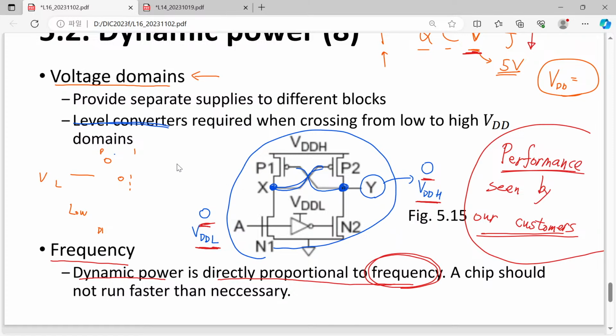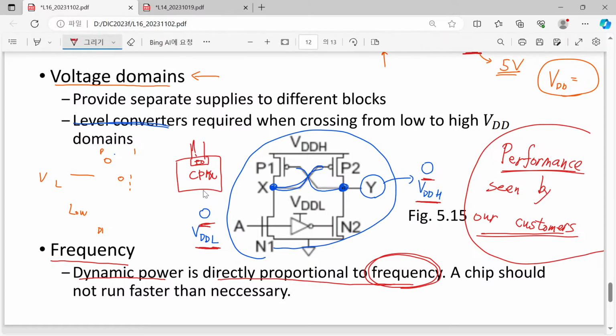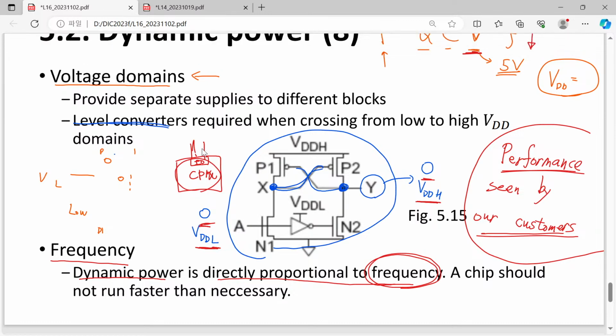So if we have, for example, CPU and IO, then although the CPU is operated at its maximum frequency, there is no need to operate the IO system at the same frequency as the CPU.